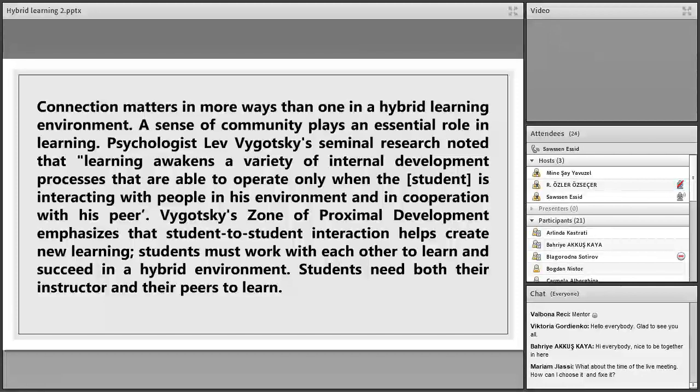So as you can see here, even when we are online, even in a hybrid environment experience, students need both their instructor and their peers. They need to feel in a very cool and relaxed atmosphere, and this relaxed atmosphere will be achieved through interaction and communication.